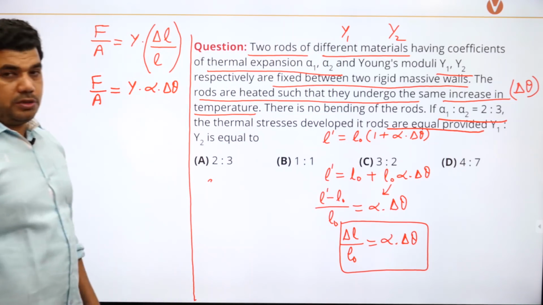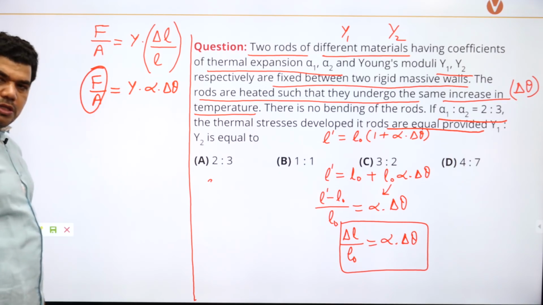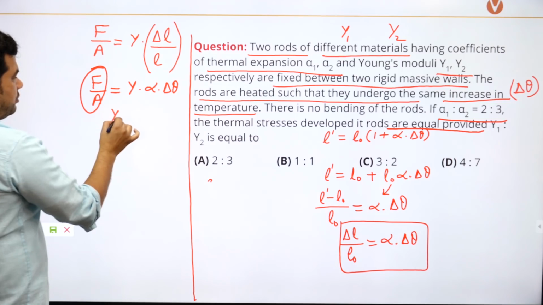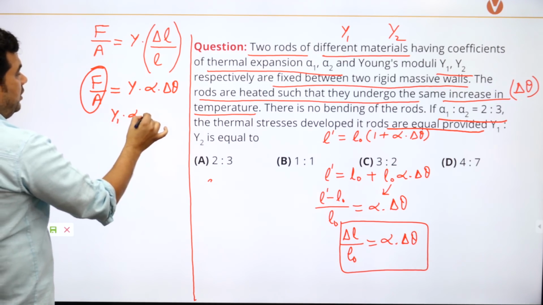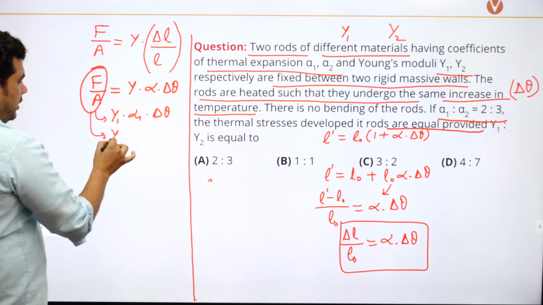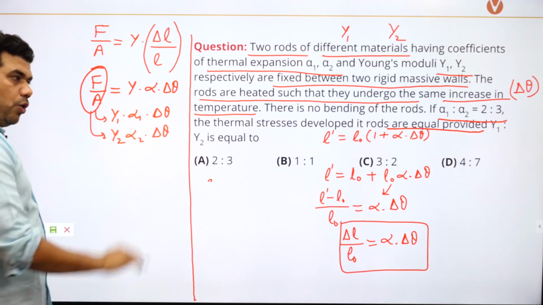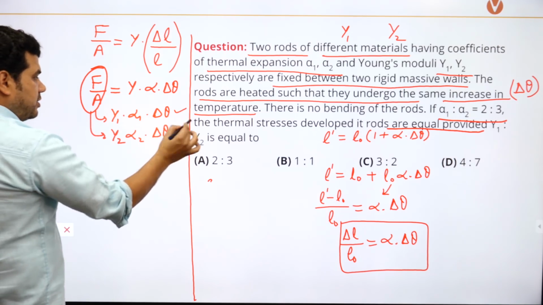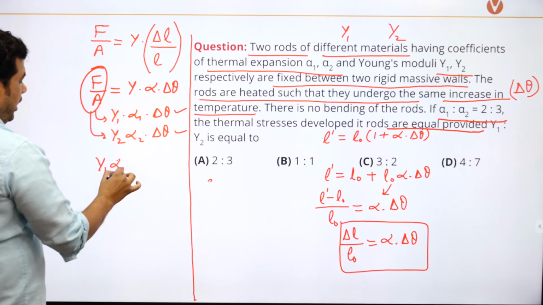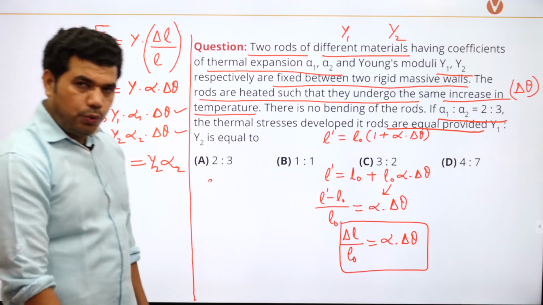Right? Thermal stresses are equal. Means this is equal for these two. Now, for the first one, thermal stress is Y1 alpha 1 delta theta. For the second one, it is Y2 alpha 2 into delta theta. According to the question, delta theta is the same and thermal stresses are the same, then we should have Y1 alpha 1 equal to Y2 alpha 2.